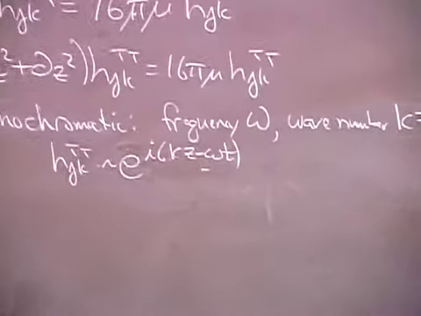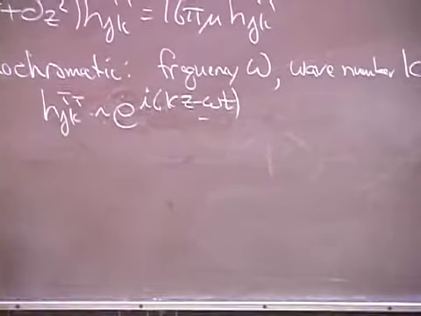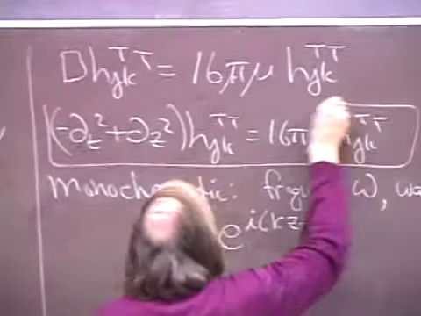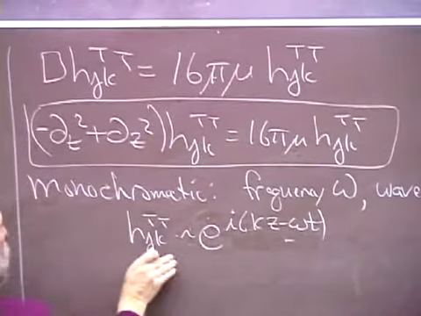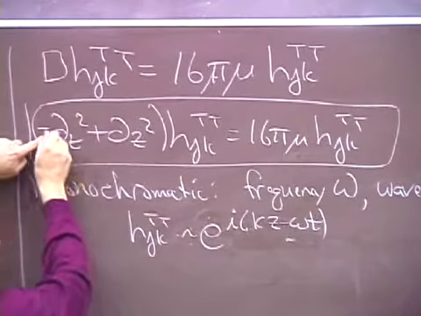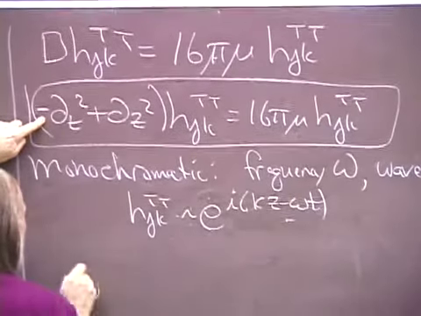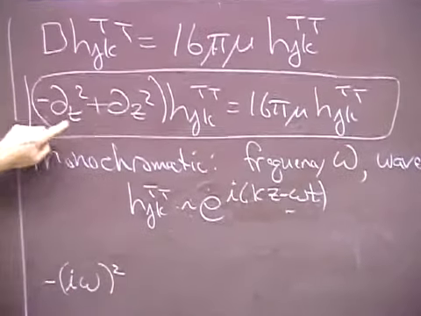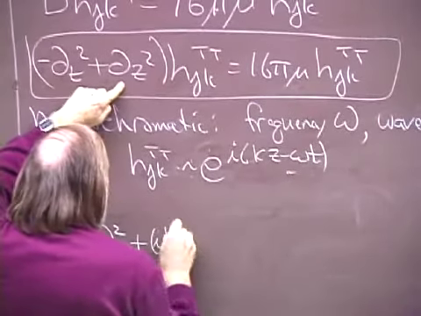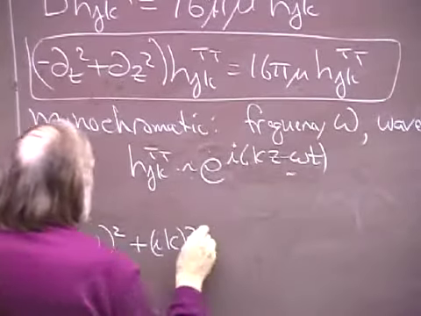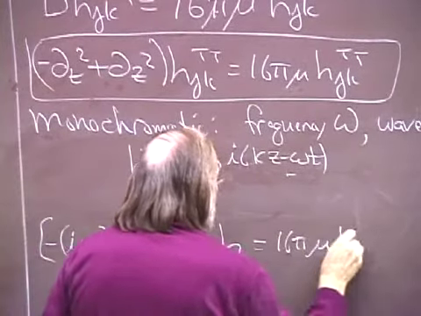Okay. So I can just feed this back into that wave equation, where the influence of the elastic medium is on the right-hand side. When I feed it back in, this minus dt squared will give me an I omega squared with a minus sign. The plus dz squared will give me an ik squared, times the h is 16 pi mu times the h.